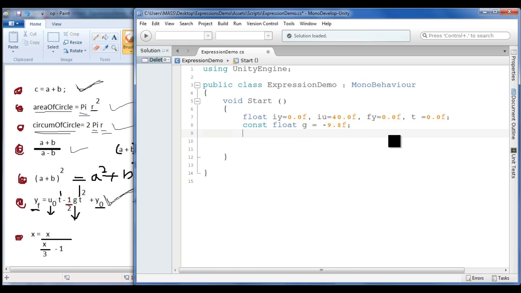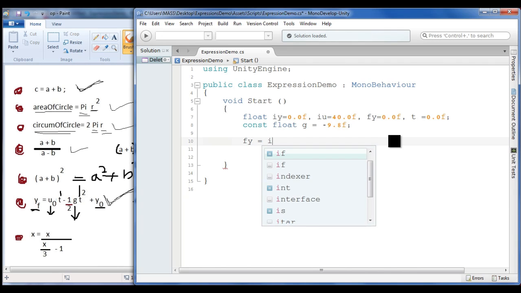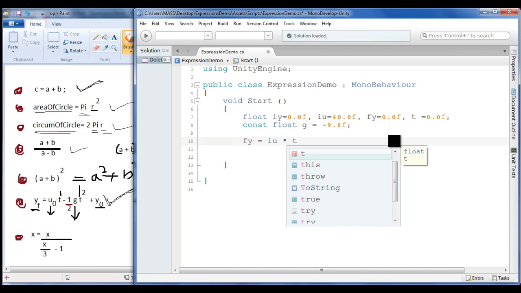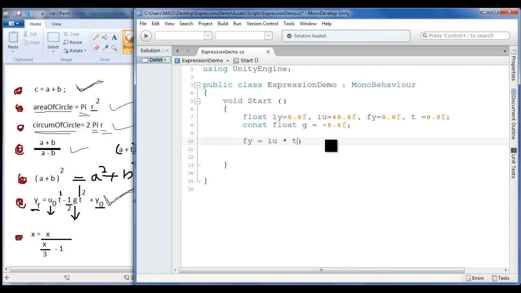Now let us write the formula. So final y position should be equal to initial velocity multiplied by time, that is the current time. At present it is 0. We can change it because it's a variable. We put 2, 3, 4, 5, 6. The time will be changing, 1 millisecond, 2 millisecond, 3 millisecond, like that. Now I put this part in a bracket because I know that this has to be evaluated individually, this part, minus half of g t square.